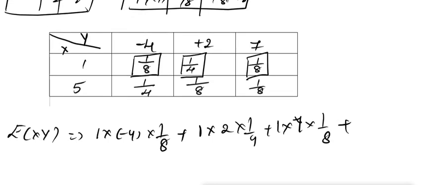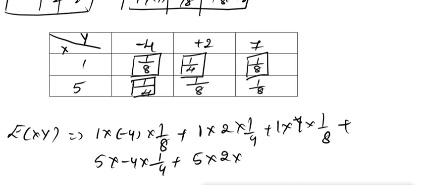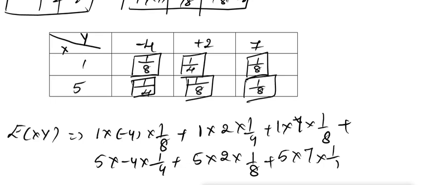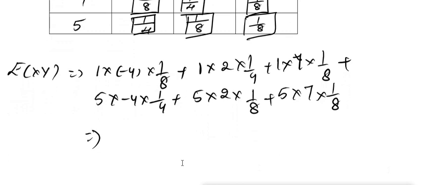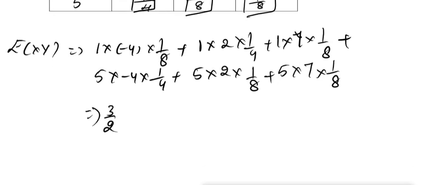Similarly, x is 5, y is minus 4, whose probability is 1 by 4. Plus x is 5, y is 2, probability is 1 by 8 from the given question. So x is 5, y is 7 and whose probability is 1 by 8. Kindly multiply the terms and add it. So on doing the simplifications, you will be getting the value as 3 by 2. This is the expectation of x into y.